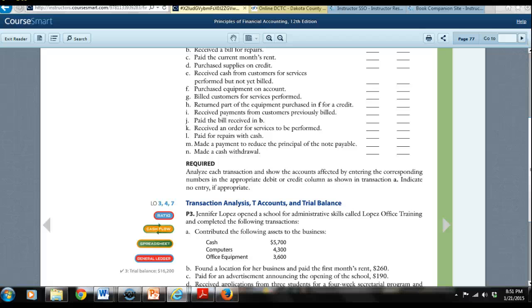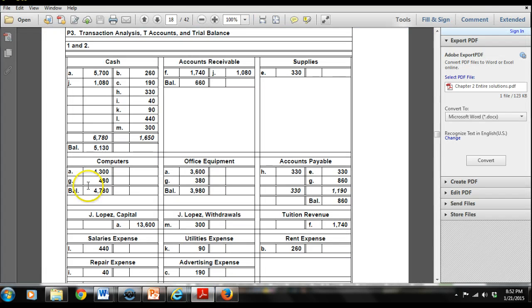Computers, put A. You see how it's an A of $5,700 for cash, an A of $4,300 to computers, and an A of $3,600 to office equipment. Those are our debits.